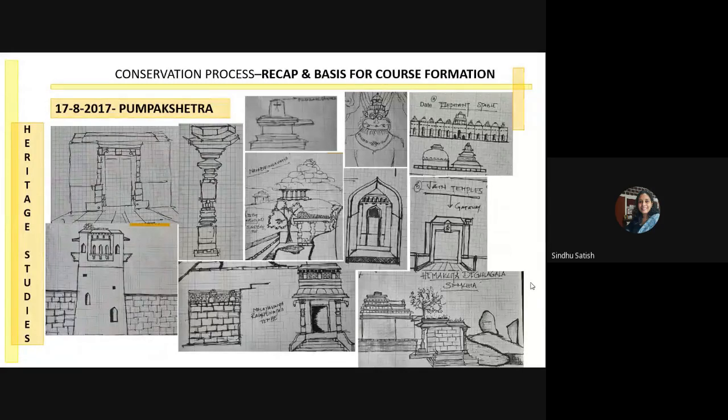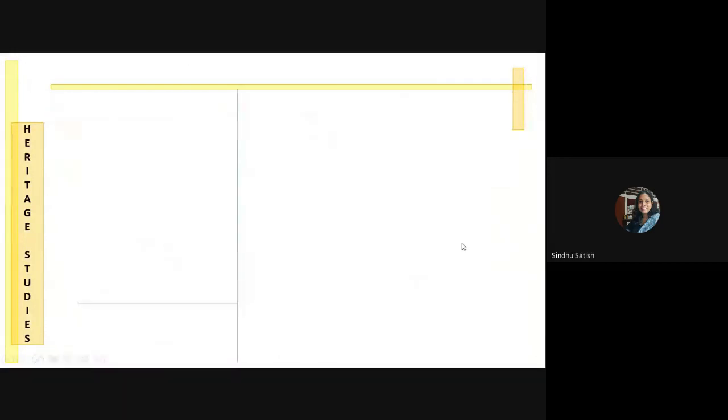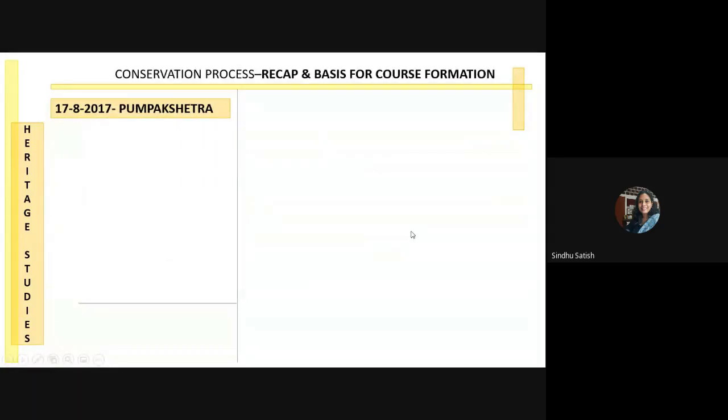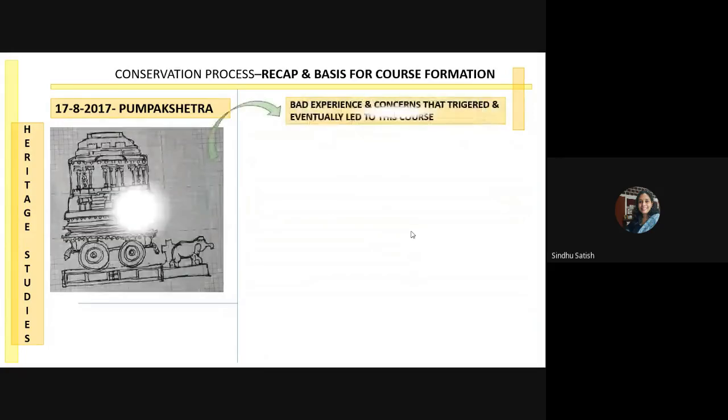I was doing this and a small incident happened, which kind of triggered my whole interest regarding the course, actually, the whole thing. It so happened that when I was doing this particular popular chariot of Hampi, Vithala temple, I happened to see a family, a huge family, father, mother, and a lot of kids.